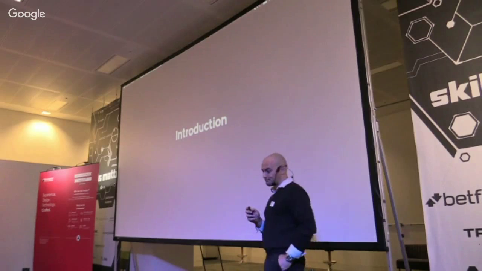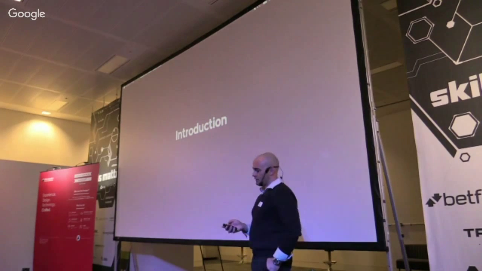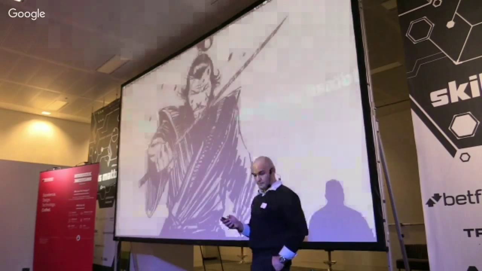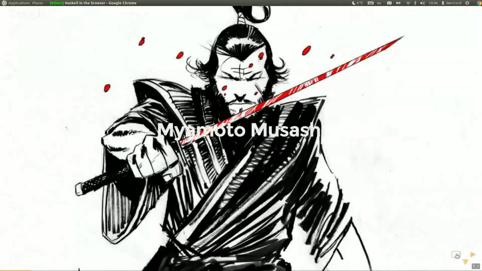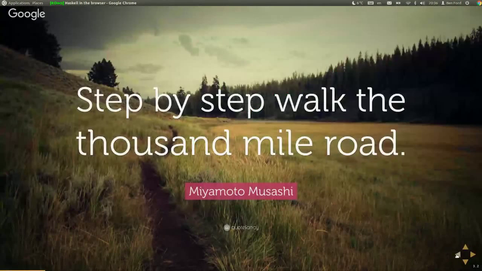So, to discuss why you might want to use Haskell, I'm going to have to recruit the help of a 17th century psychopath. This chap, Miyamoto Musashi. Even though he's from the 1600s, he's obviously done a bit of Haskell because he's obviously tried to learn Haskell before.